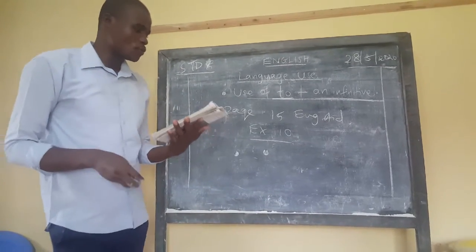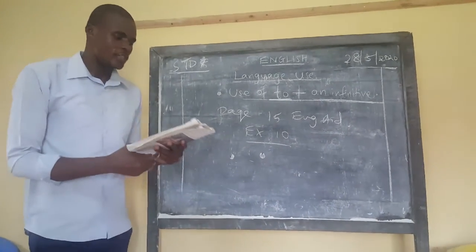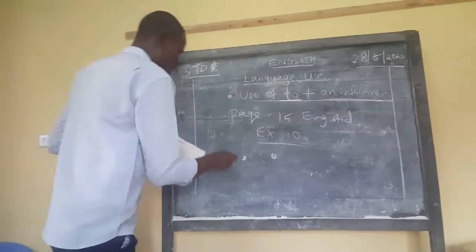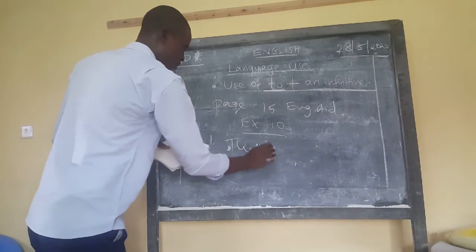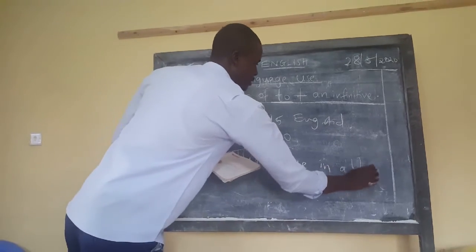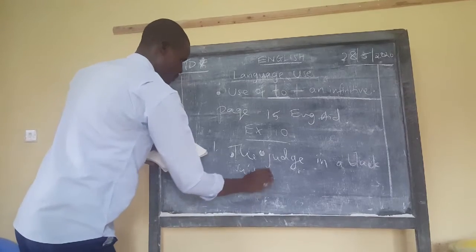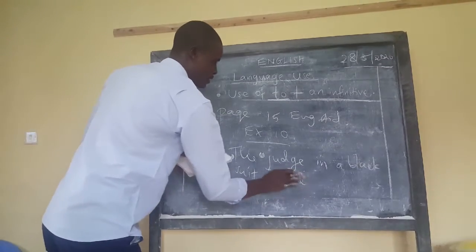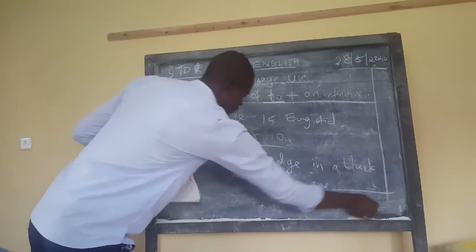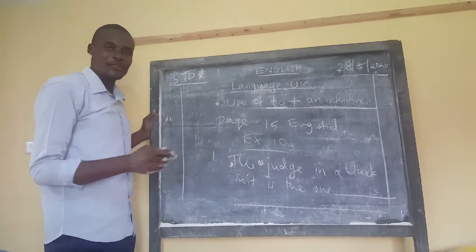So we have been told to use to plus an infinitive to complete the sentences below, of which in this particular category, learner, we have number 1. Number 1 says, the judge in a black suit is the one dash. So now here we have a very hard task here. The task we have, let me not threaten you that it is hard.